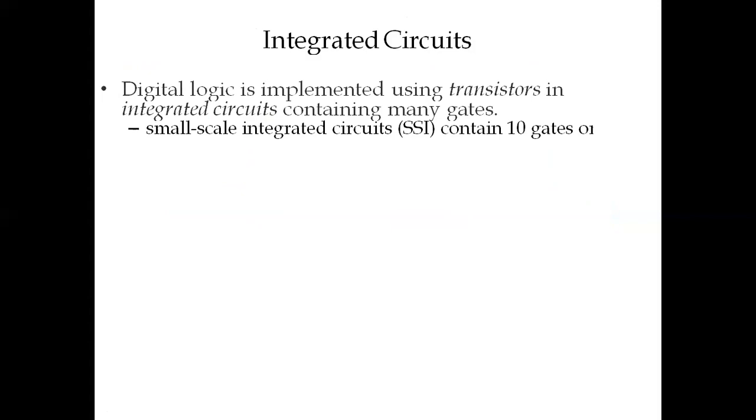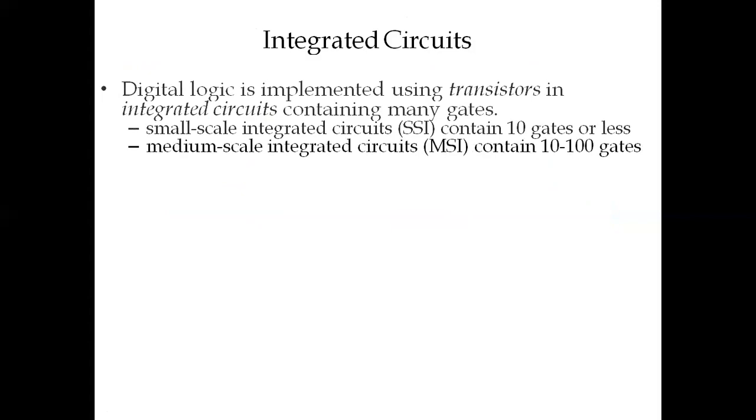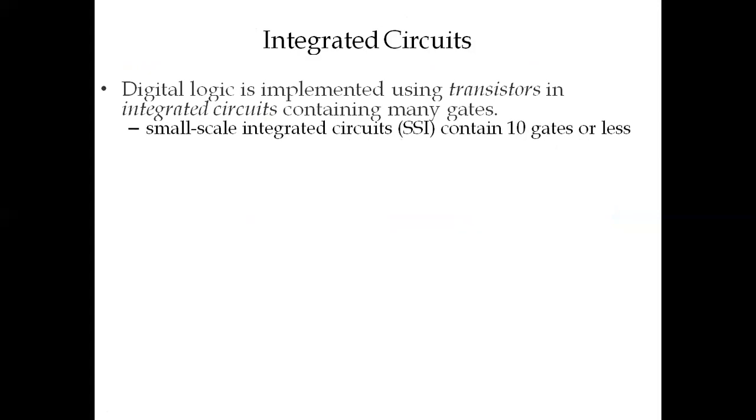So, in this case, when you think of classification of ICs, the first that comes to mind is small scale integration, SSI. Here, one chip has only 10 gates or fewer.